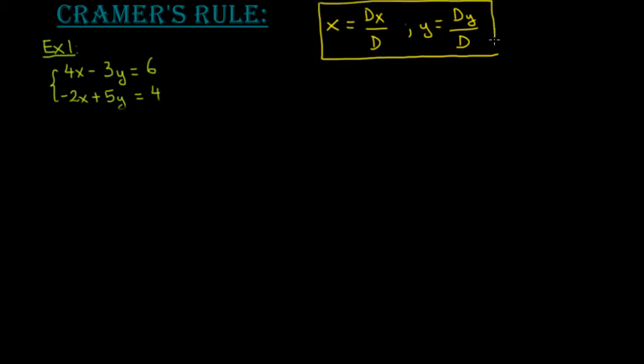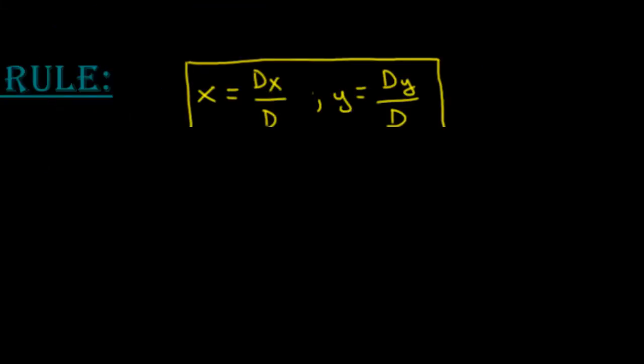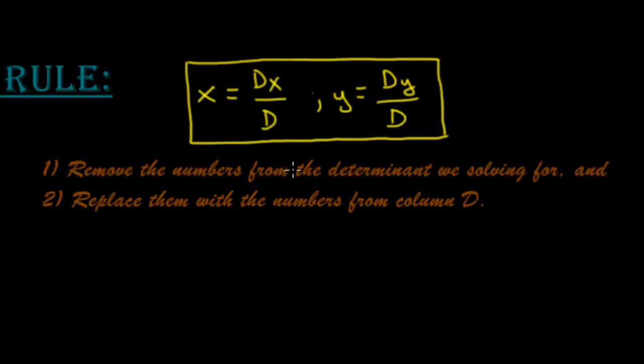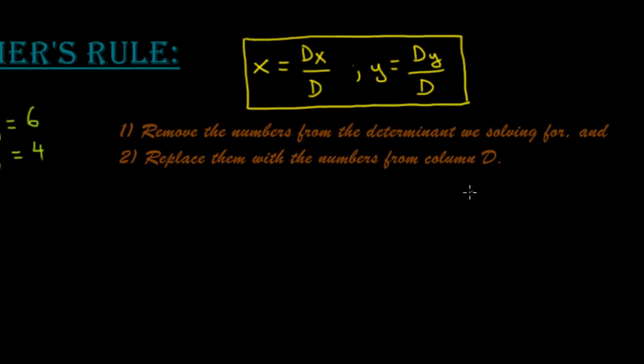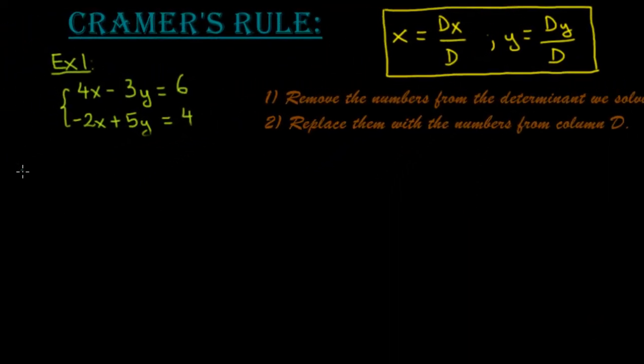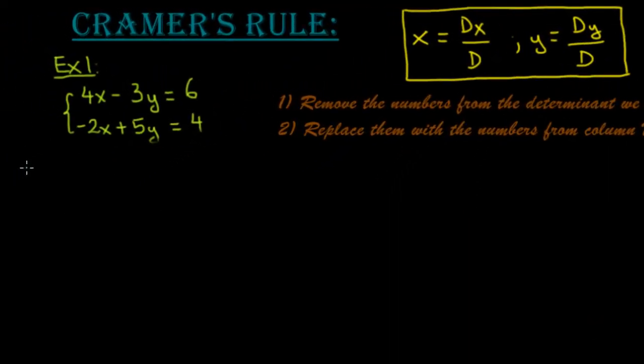Okay, so to solve the system by determinant, we need to know two following steps. First, we remove the number from the determinant we're solving for and replace them with the number from column D. First of all, what we have to do is what I call outline. We bring down all the numbers from the system.